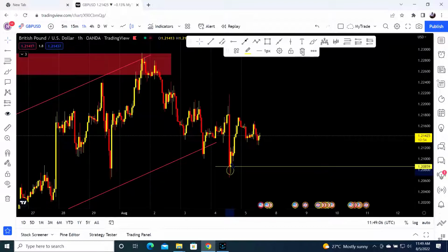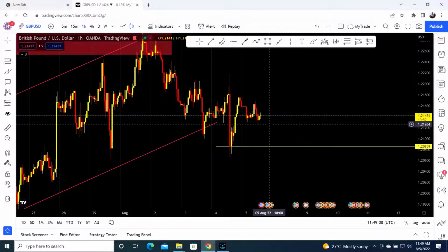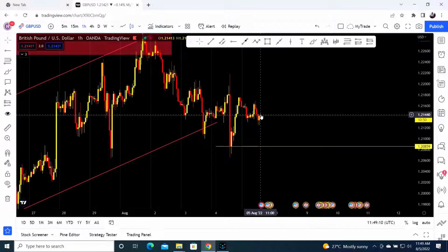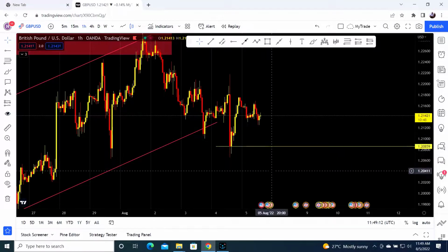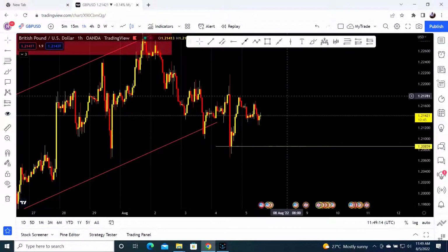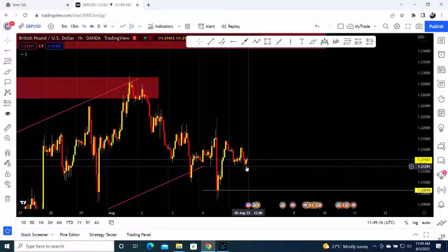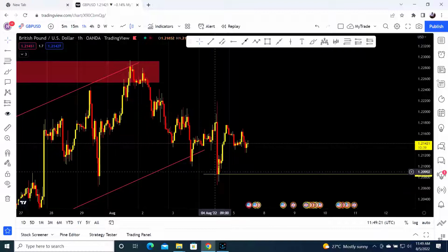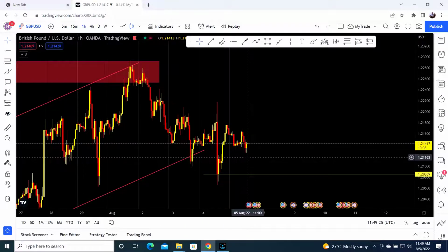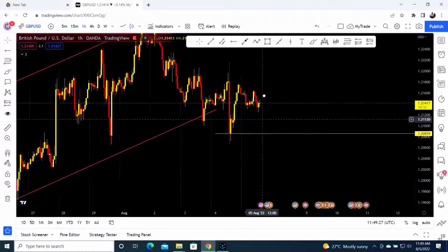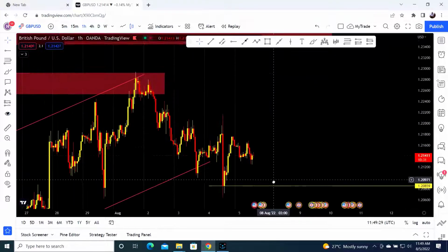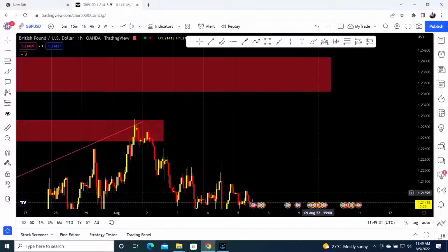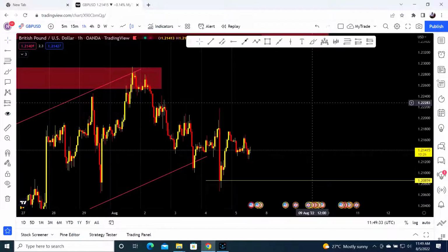Now, looking at where price is, we have to expect a sell-off to come down to break this low, or possibly price going from here, because there is a form of inverted head and shoulder pattern. Price could come to this level and reverse and come and test the level over here before coming down.